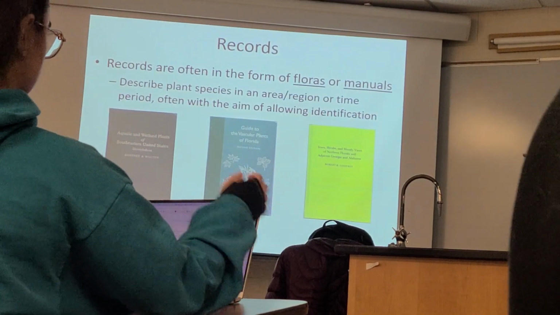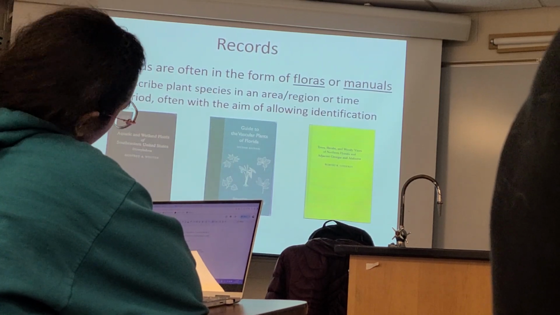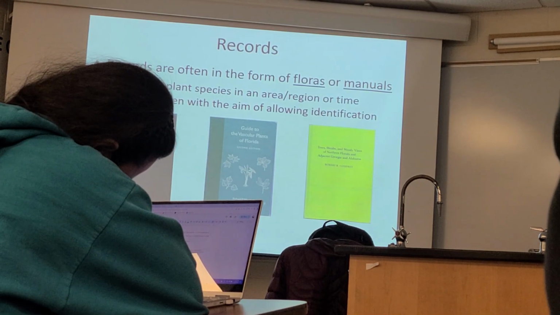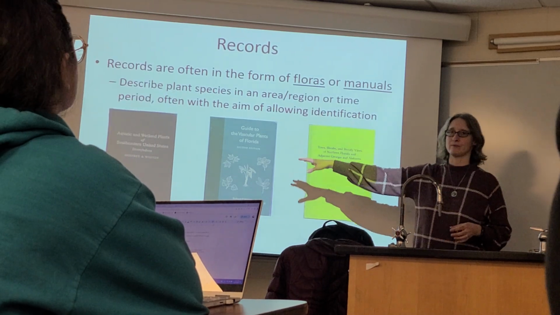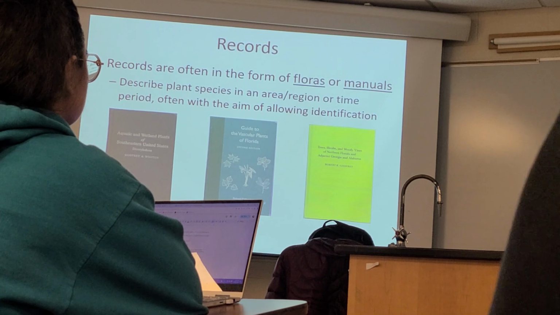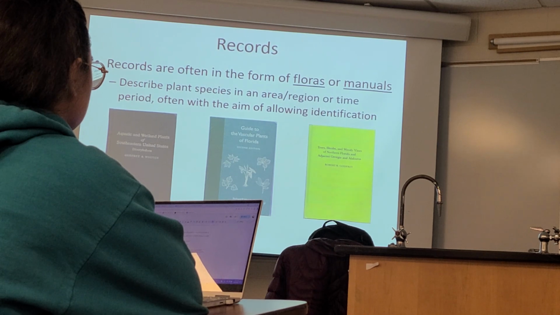Usually these floras are not going to cover a large area. Usually it's a state or maybe the southeast. Every once in a while you'll find one for North America or the United States, but most of them are smaller than that and focus on a specific region or time period because there are so many plants out there. The more plants you have, the harder it is to separate them out even with the key. Right? But the aim of these is to allow identification.